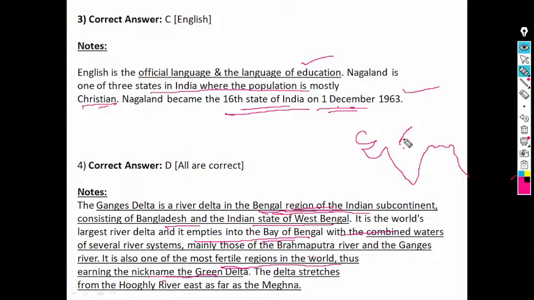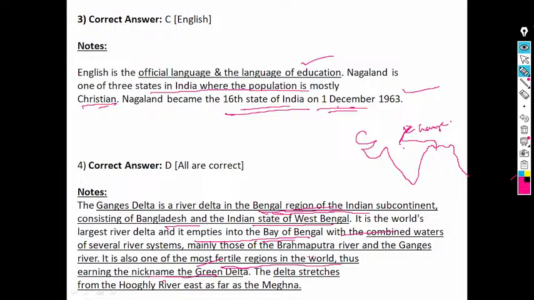If we draw a diagram of the Ganga flow, look, it is like this one. It flows through the entire UP and Bihar, then West Bengal. It is the world's largest river delta and empties into the Bay of Bengal, with the combined waters of the Brahmaputra river and Ganga, thus earning the nickname of Green Delta.